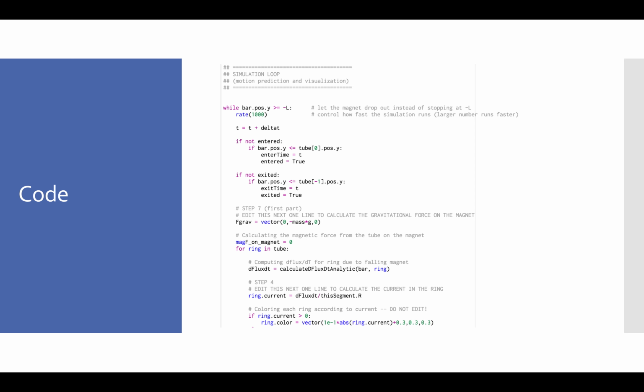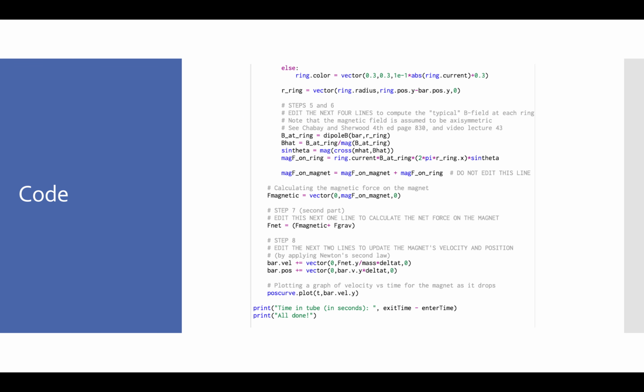and we walk through making the gravitational force on the magnet and then calculating the magnetic force from the tube on the magnet. And then we compute a typical B field at each ring, because we've broken down the tube into a set of rings.